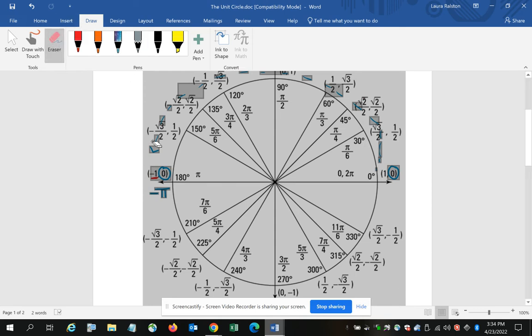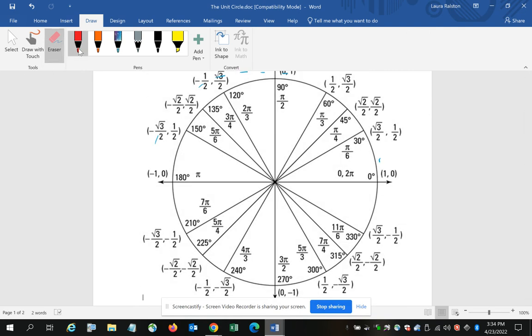Okay, so let's think about this, and let me get this erased so we do not have so much mess up here. Okay, so sine corresponds to the y, and we want it to be positive, so it looks like that occurs at pi sixth, and also at 5 pi sixth.